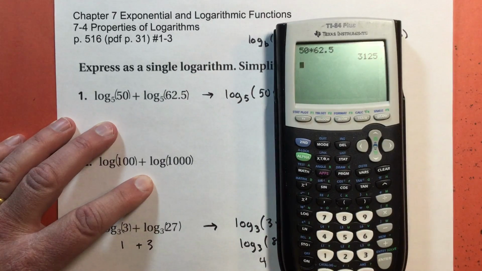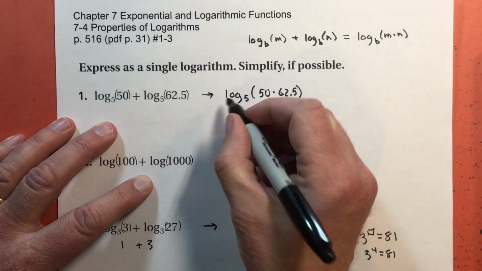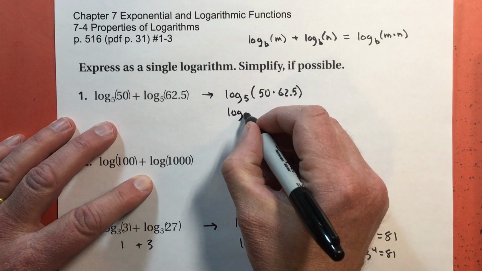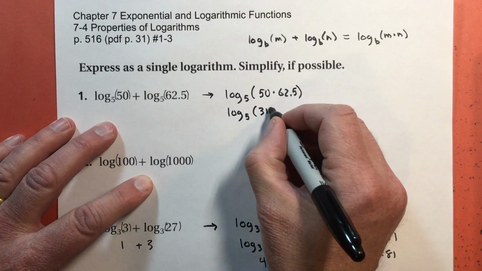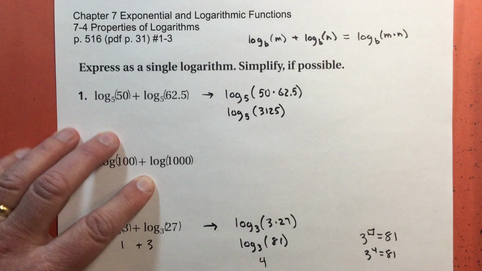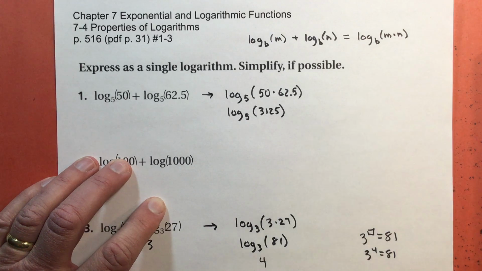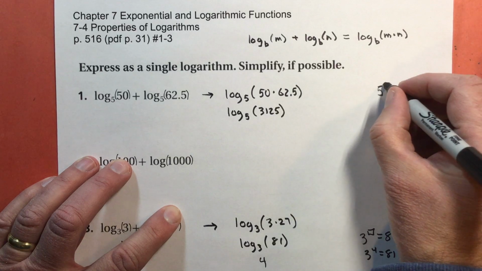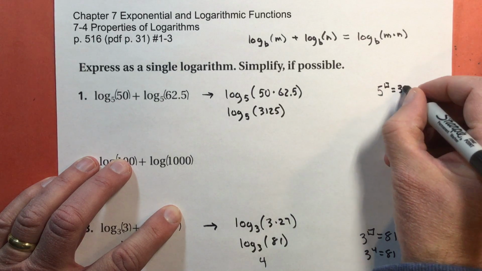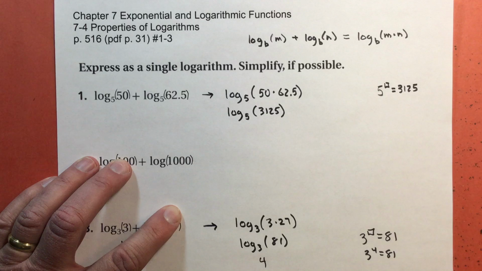And I did that on the calculator. I got 3,125. So that's my single logarithm. And of course, I need to think about 5 to what power equals 3125.